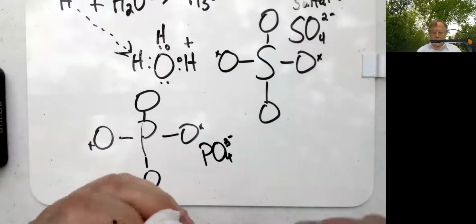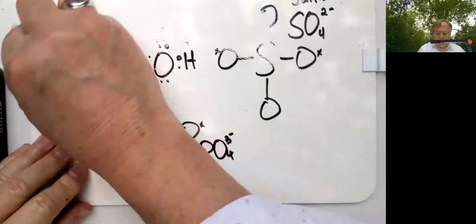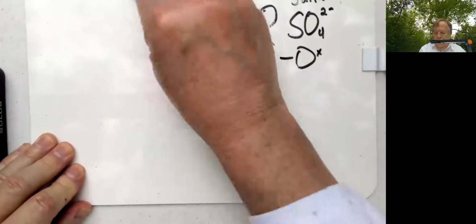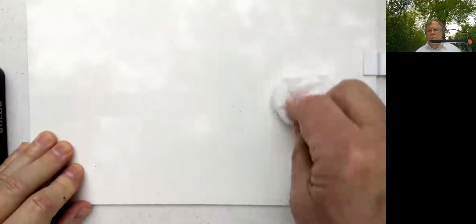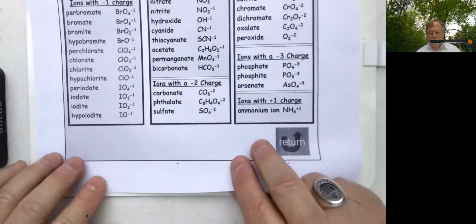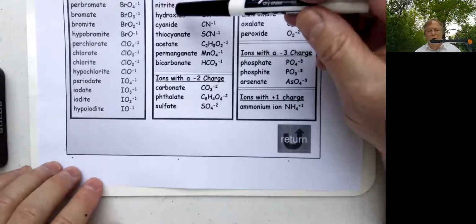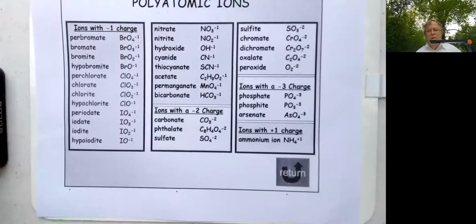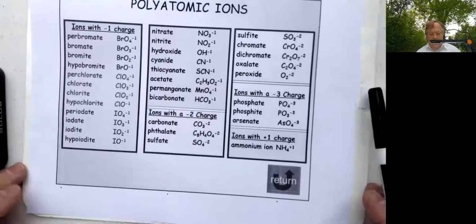And let's go to here. All right, so the nice thing about this section is you're going to have this polyatomic ion sheet or another one like it.